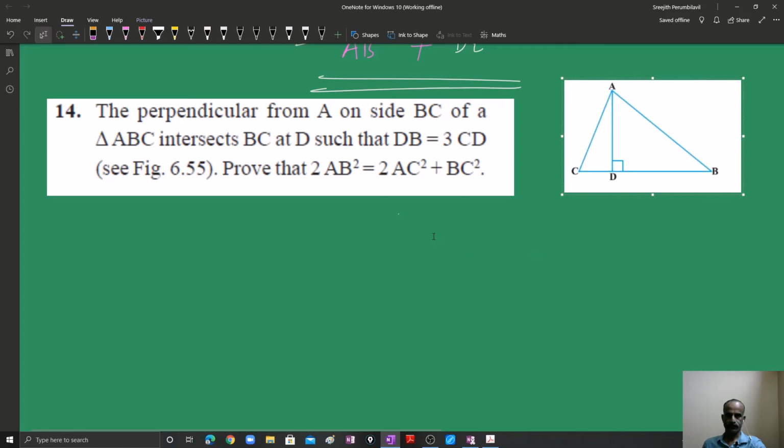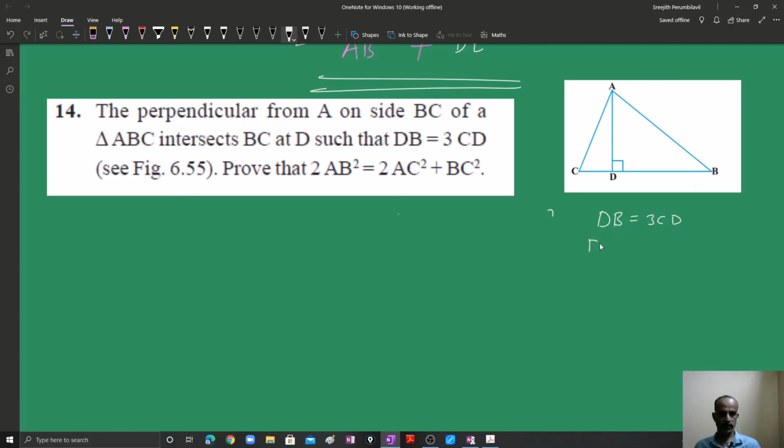The perpendicular from A on side BC of triangle ABC intersects BC at D in such a way that DB is equal to 3 times CD.